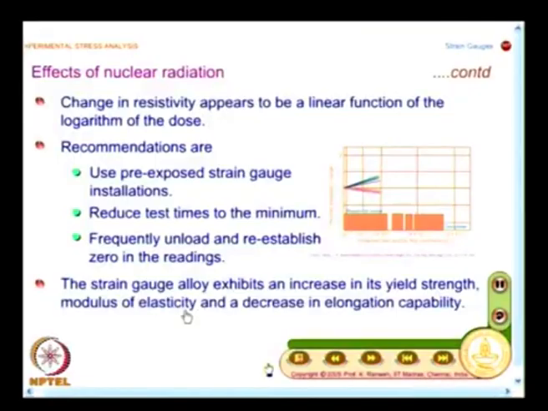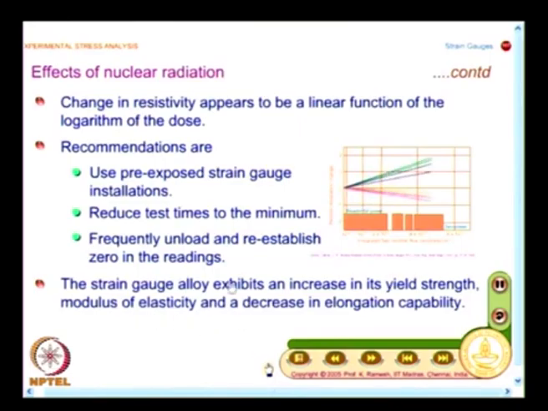But what you find here is, when you go for nuclear exposure, the modulus of elasticity also changes. So, when I am going to have stress calculations, I need to use the appropriate modulus. You cannot directly transfer strain values into stresses.